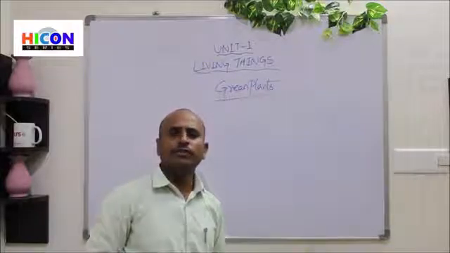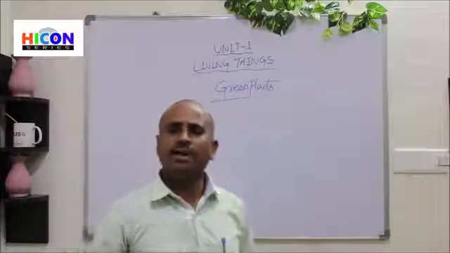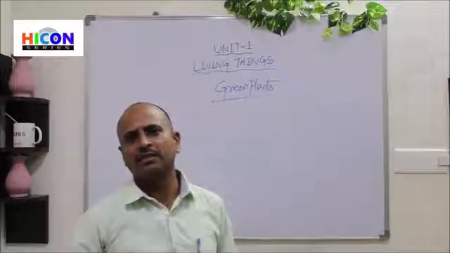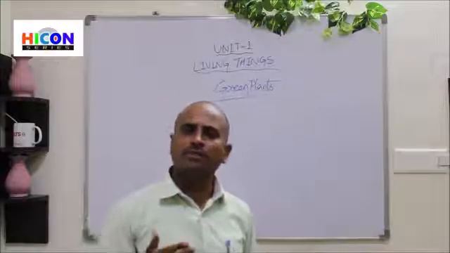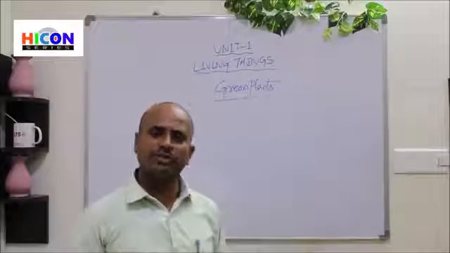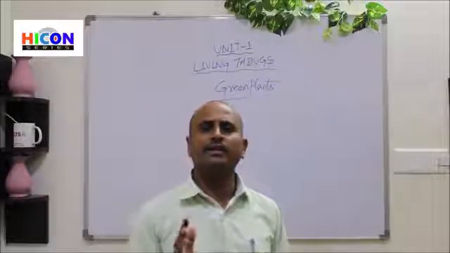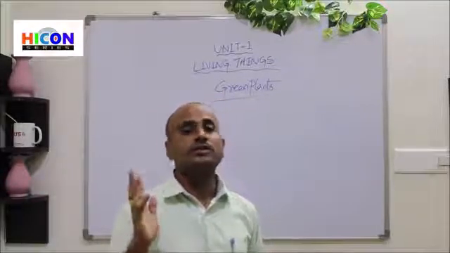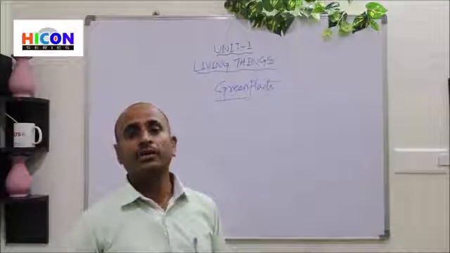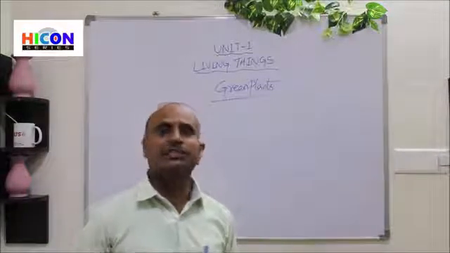So children, we will observe plants everywhere in our surroundings. That is, you will observe plants in your house, in your school, in your garden and parks, and also in the forest.